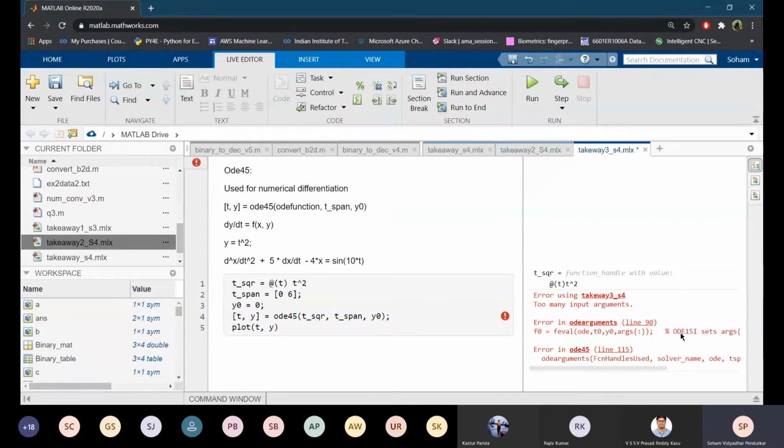Okay, there's some issue, too many input arguments. Let's just use @t and see what happens.